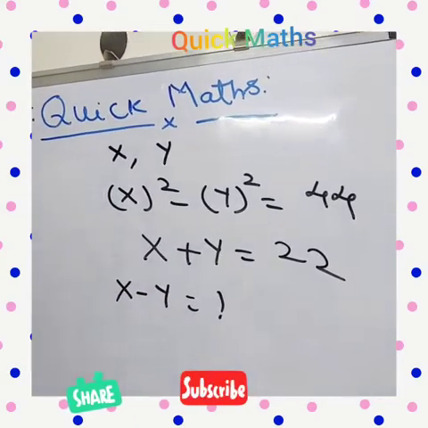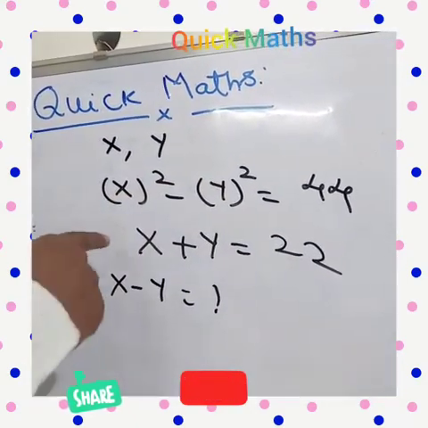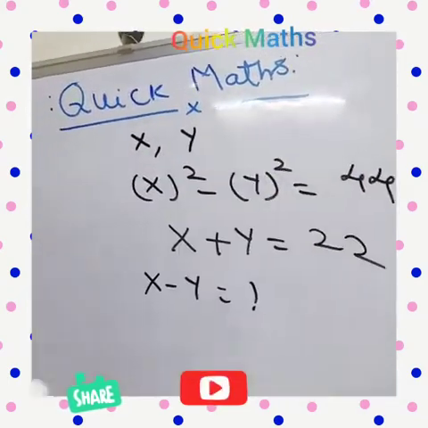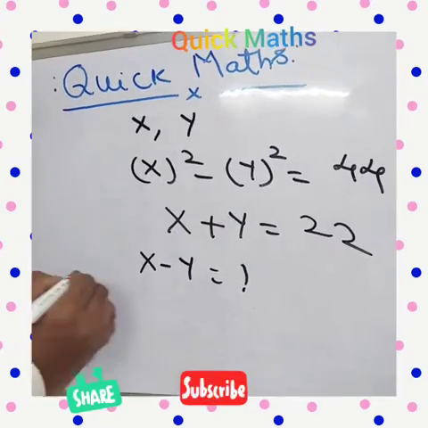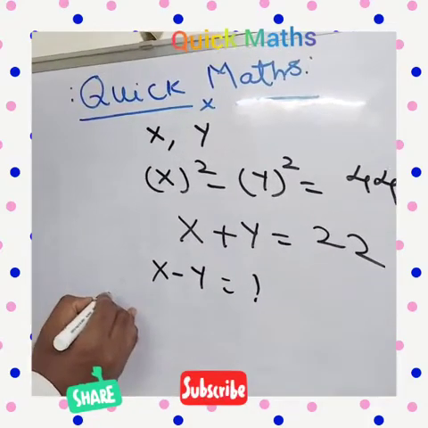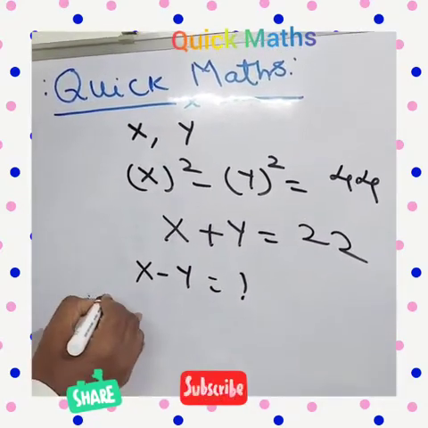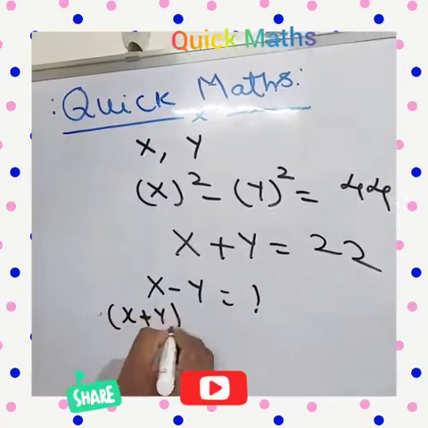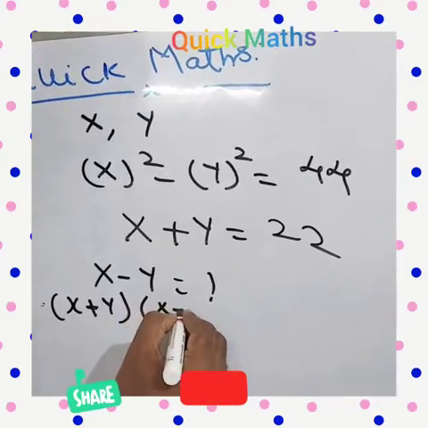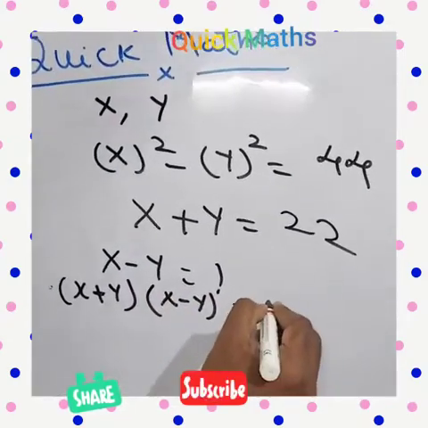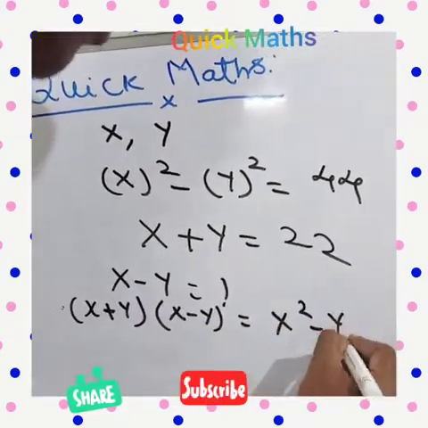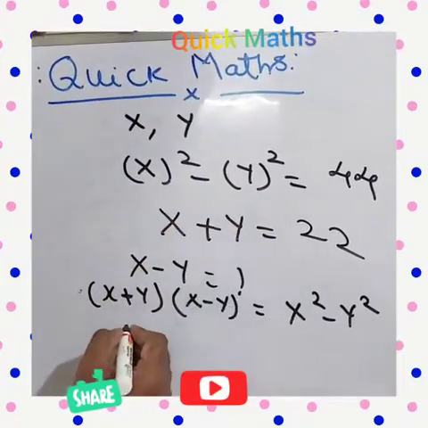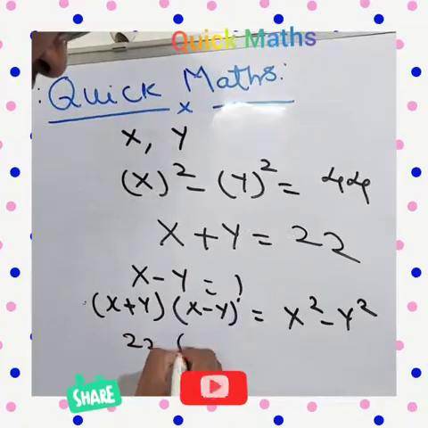Already you know the value of x square minus y square; it was given. Because of the simple mathematical formula, when you add x plus y and multiply by x minus y, you get x square minus y square. The value of x plus y is 22.